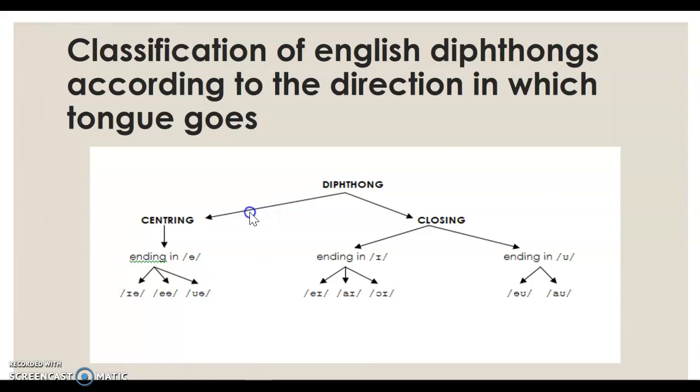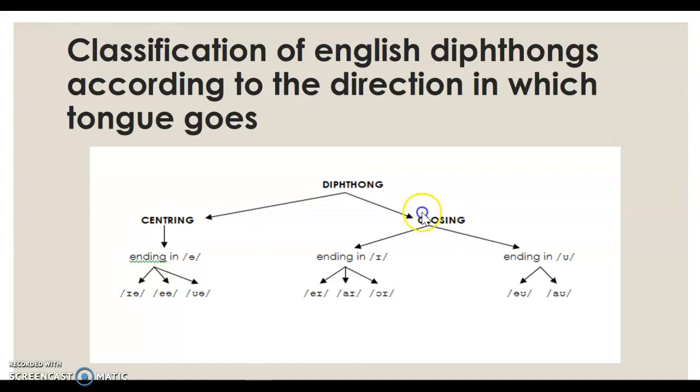The diphthongs can be divided into two subcategories, that means centering diphthongs and closing diphthongs. Centering diphthongs are the ones ending in schwa. They are called centering because they move to a central vowel, as in the case of ɪə, eə, ʊə. All of them move towards a vowel that is in the center of a chart.